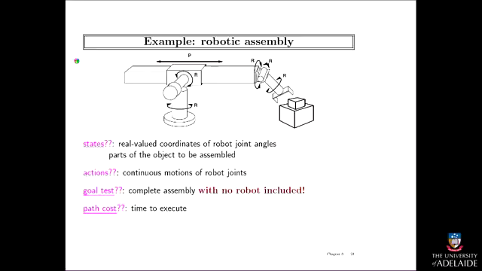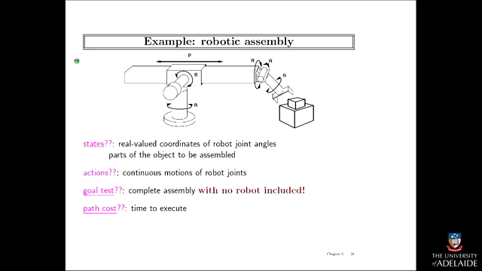Okay, so the states of the world are presumably going to be the real valued coordinates of the joint angles of this robot and the locations of the parts that we're trying to assemble. The actions available to us are going to be the movement of the robot.